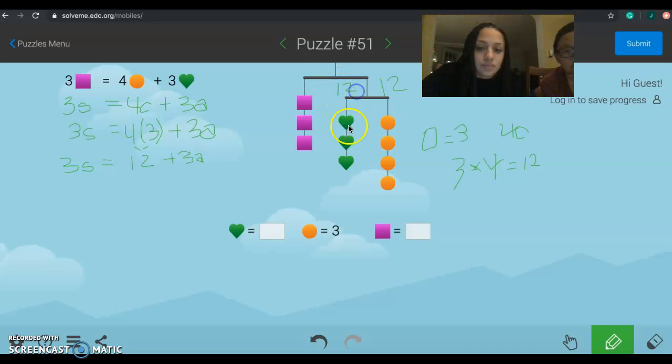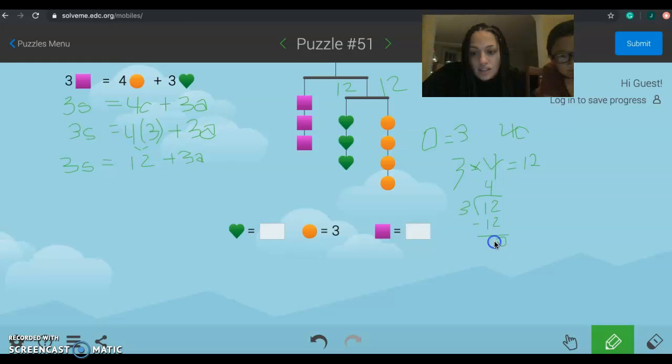So we have a total of 12 and 3 hearts. So what do you think the value of the hearts are? 4, because you just reversed this. So it was 12 divided by these 3 hearts. 3 goes into 12 4 times. Let's make sure. Yes, it does.